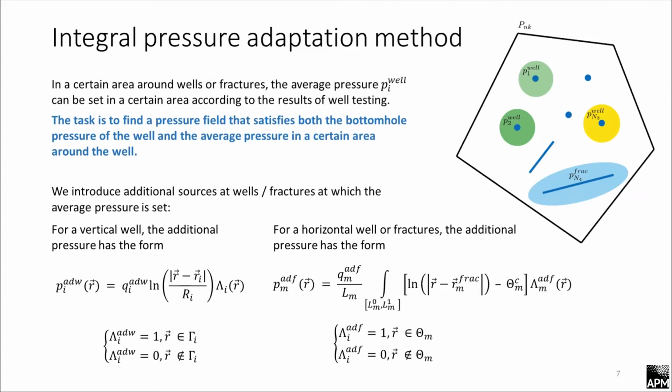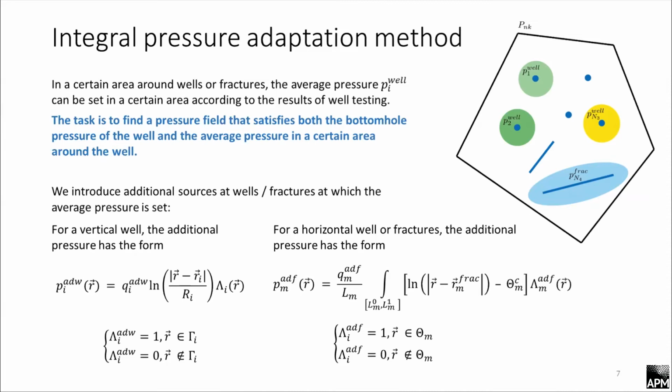On the left we can see this additional pressure given from these additional sources for vertical wells. I want to note that we use in the formulation the radius of the circle in which the pressure is given.